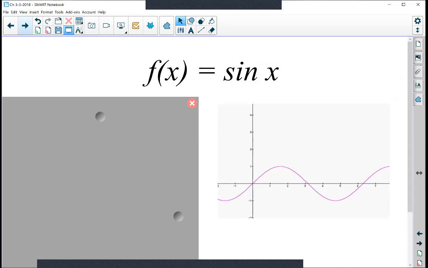And we've talked a little bit about derivatives and kind of the tangent line idea. If I look at this point right here, what would the slope of the tangent line be, would you guess?